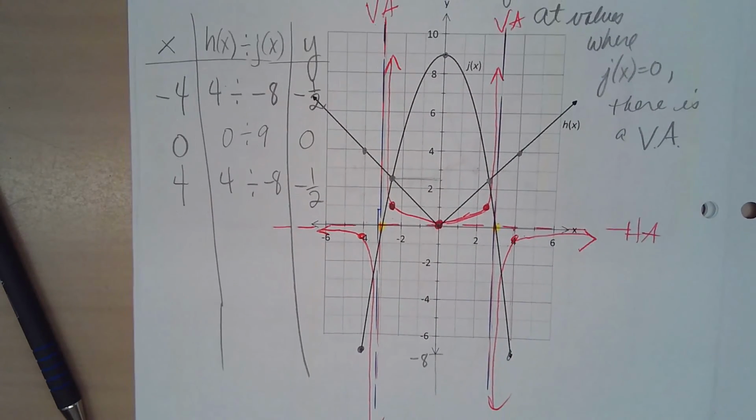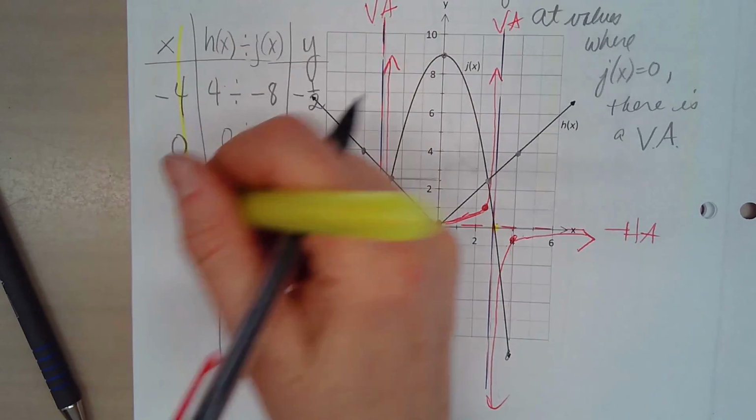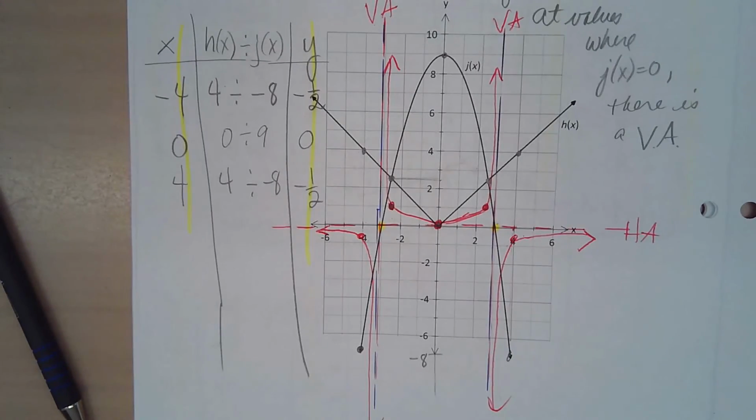So basically, the procedure is, if you're given two graphs, like the pictures of two graphs, just find y values at corresponding x values, do the math, and then graph those coordinates, right? The x coordinate with the new y coordinate, and then your graph will develop that way.